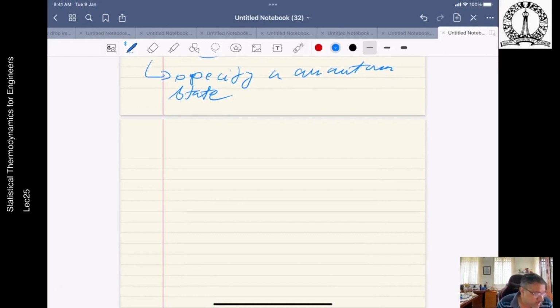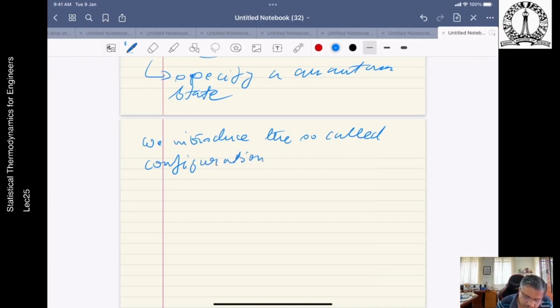Okay, so we introduce the so-called configuration of an atom, which is a convenient way of stating the number of electrons occupying each shell and subshell.